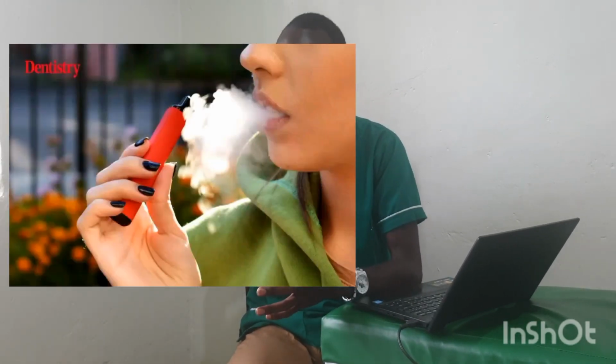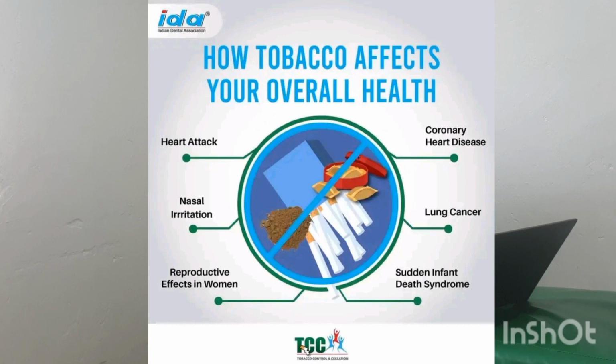We also have cigarette smoking. You know very well that when you smoke, blood clotting is hindered or limited. Sometimes in the area where that tooth has been removed, blood clotting is going to be affected, resulting in poor wound healing, leading to a dry socket.